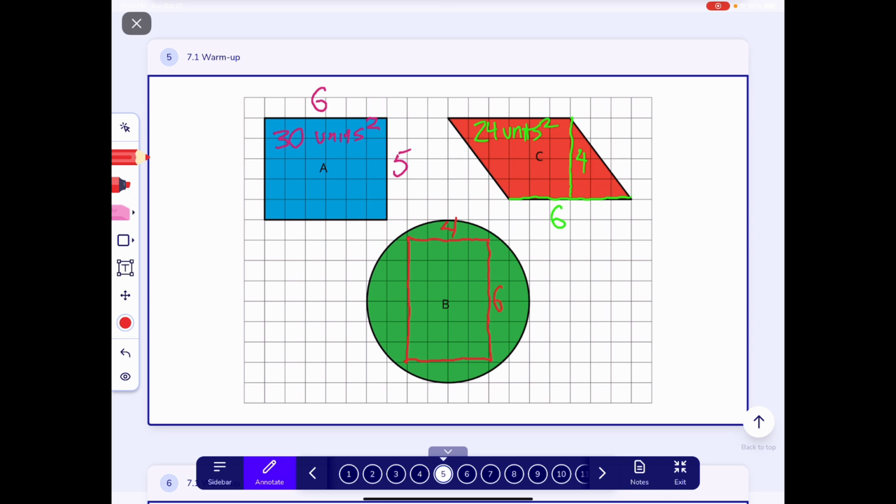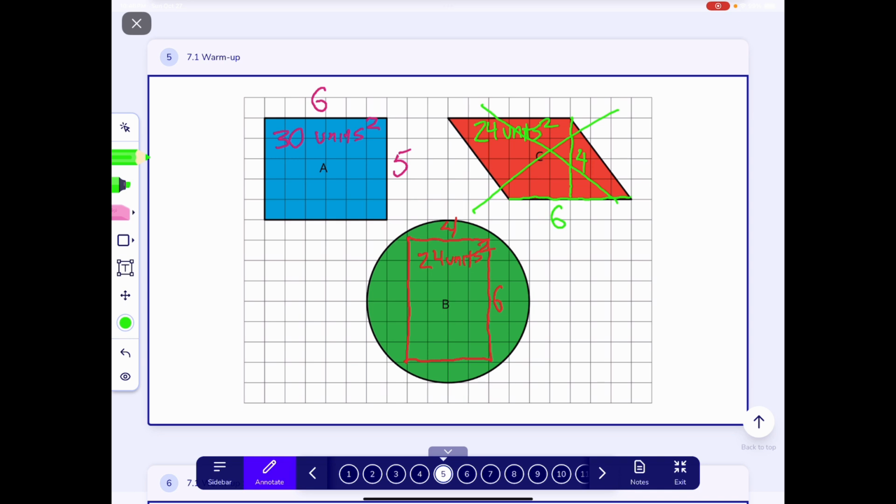That's 24 units squared. Now, 24 units squared is the same area as the parallelogram. So we know this circle is more than that rectangle. So that circle is a greater area than the parallelogram. So that parallelogram does not have the greatest area.